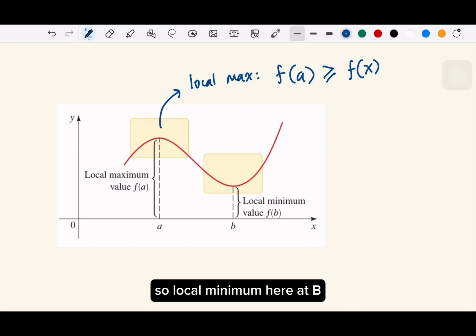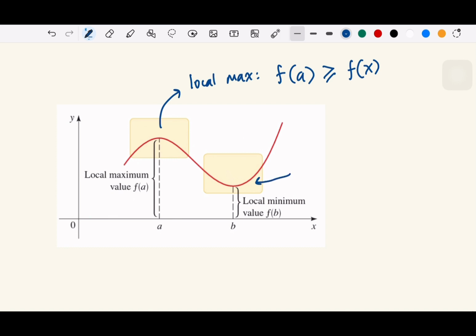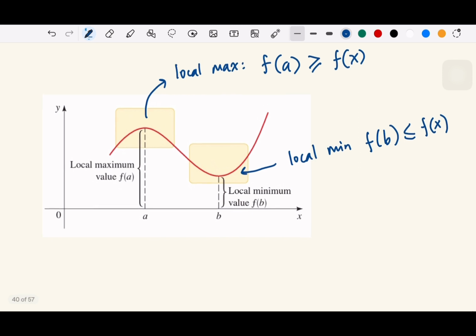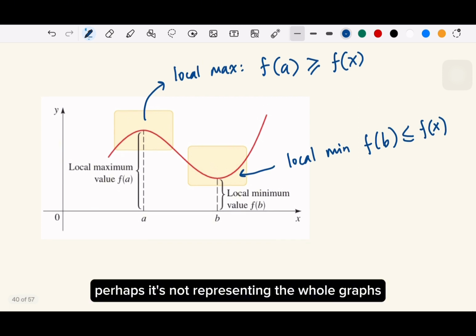Okay. So local minimum here at b. But what does local mean? Perhaps it's not representing the whole graph.